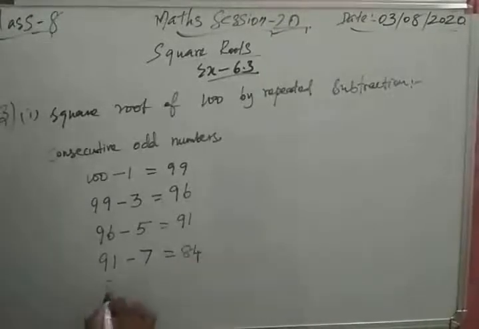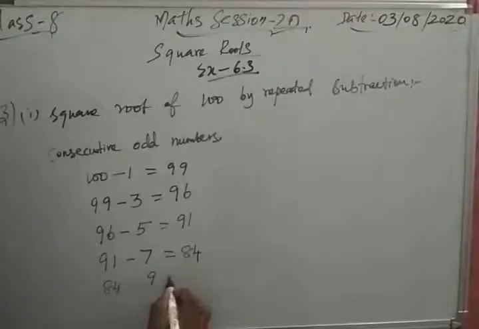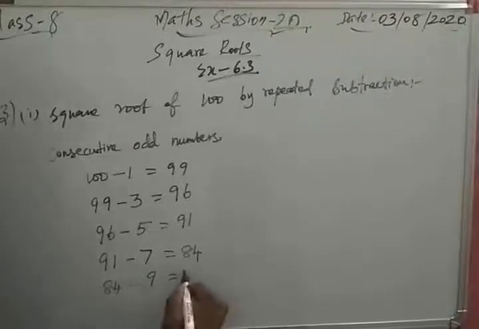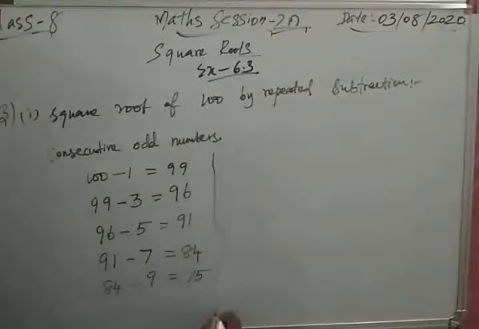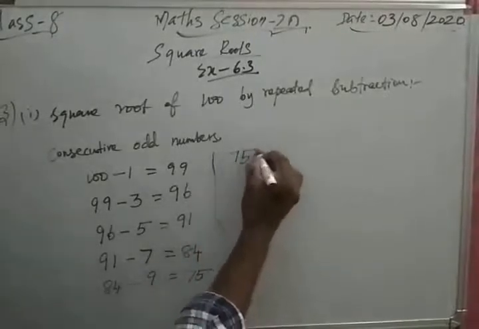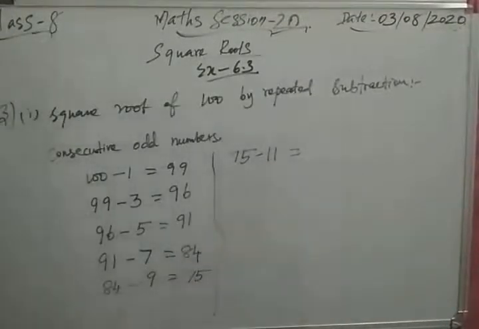Next, 84 minus 9 will be 75. Then 75 minus the next odd number, 11, is equal to 64.